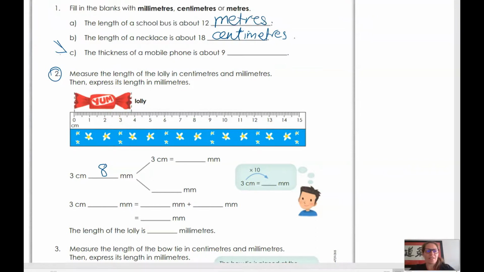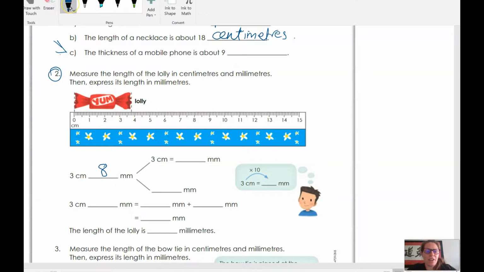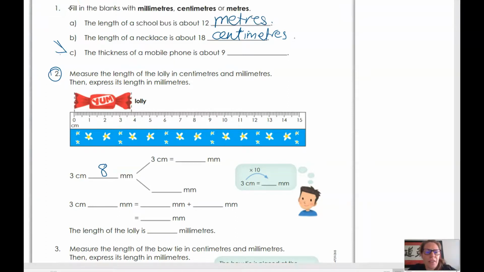So here we've got the 3, and then you could almost count every single one after it: 1, 2, 3, 4, 5. Now I know, because I've been doing this for quite a few years, that these little things indicate the halfway mark, and the halfway mark is a 5. And then after the 5, we've got 6, 7, 8. So that is pointing to the 8. So it's 3 centimetres and 8 millimetres.